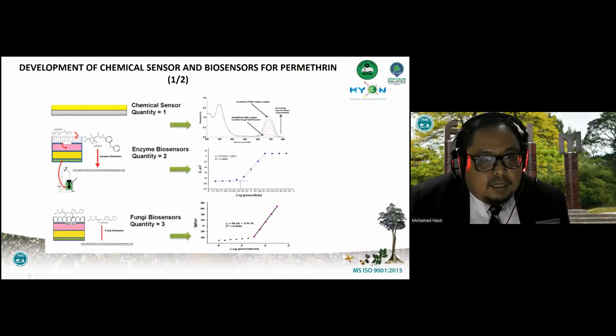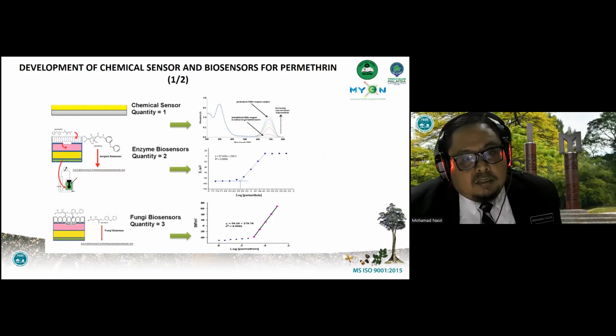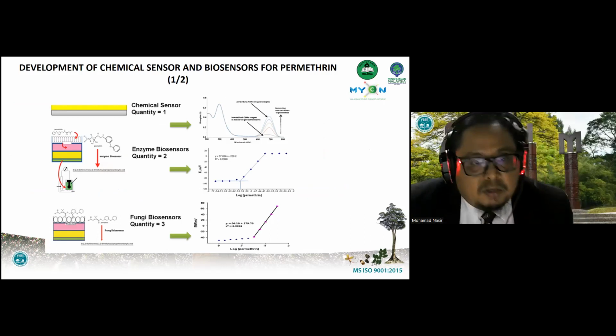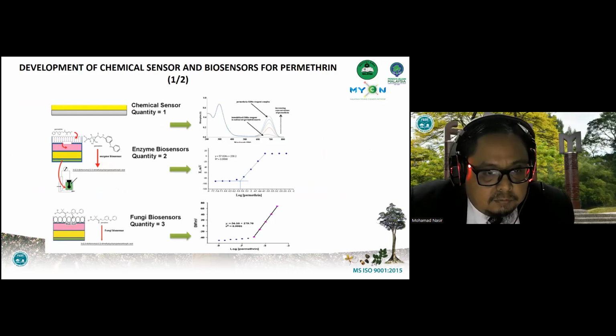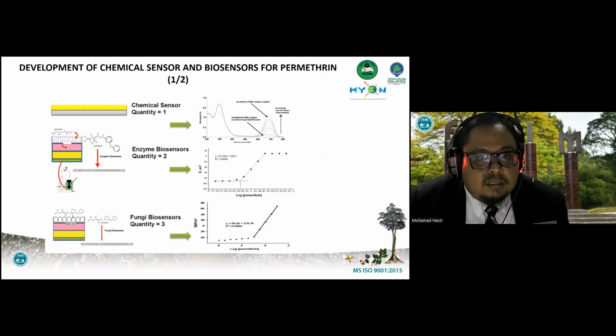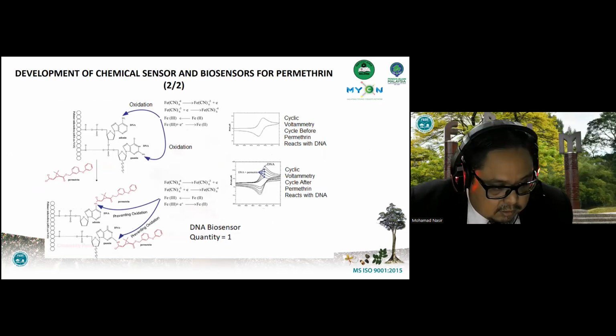So based on my study, I have developed 6 sensors overall: 1 chemical sensor, 2 enzyme biosensors, 3 fungi biosensors, and also 1 DNA biosensor.